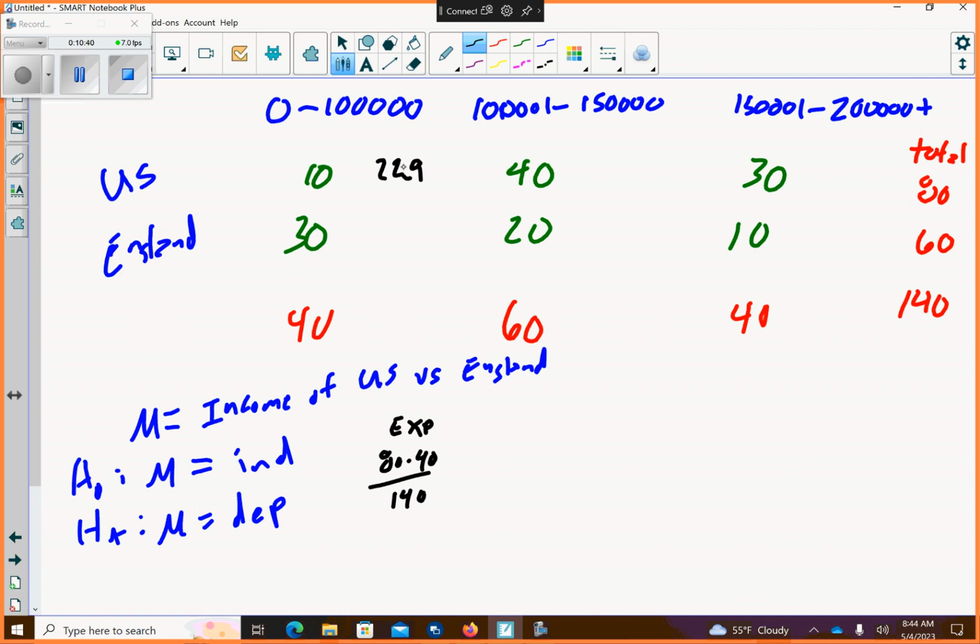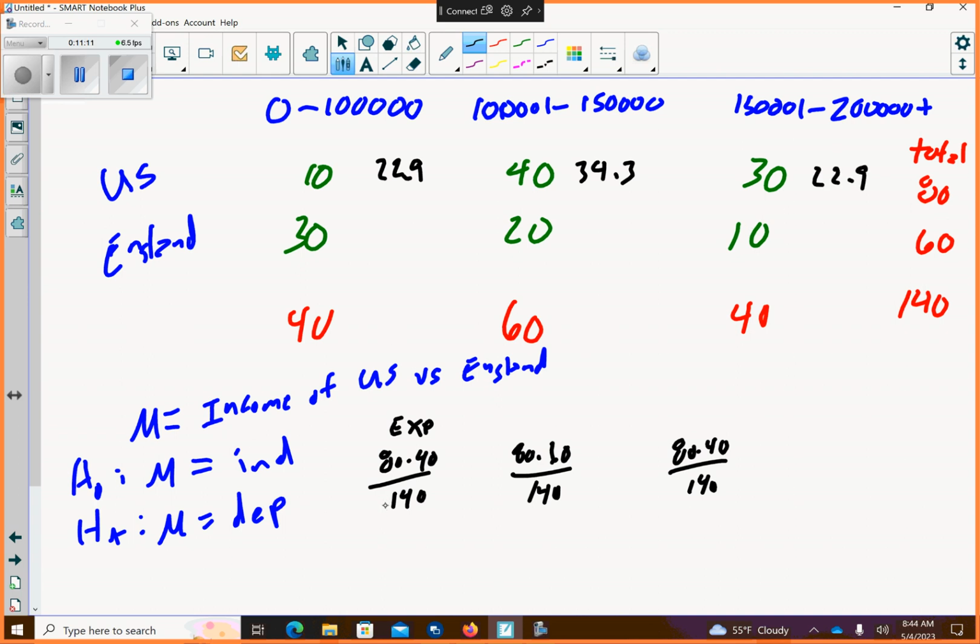If I wanted to find the next one, I'm going to go 80 times 60 divided by 140, and that comes out to 34.3. And then 80 times 40 divided by 140, which also gives me 22.9.